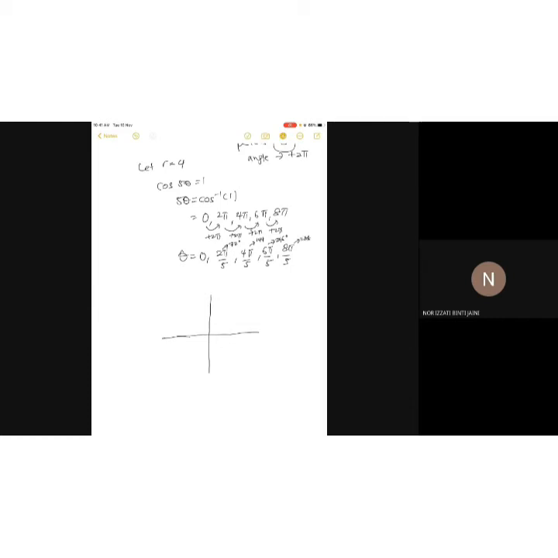Okay, the first one is 0, ialah 0. And then 72, this is 90 degree, so 72 somewhere here. So you lukis je, 72 degree. And then 144, this is 180. So let's say 144 is somewhere here, 144.